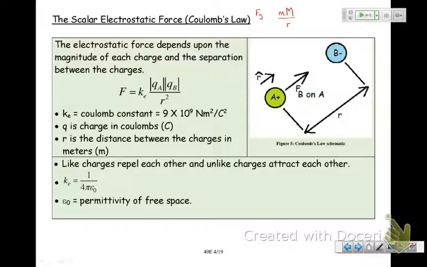Then he put his visualization hat on. He was a good visualizer. He said, we have this thing called gravity, and it starts off at this object, and the influence of this mass spreads out in all directions. It has to spread out over bigger and bigger spheres as its influence spreads further.